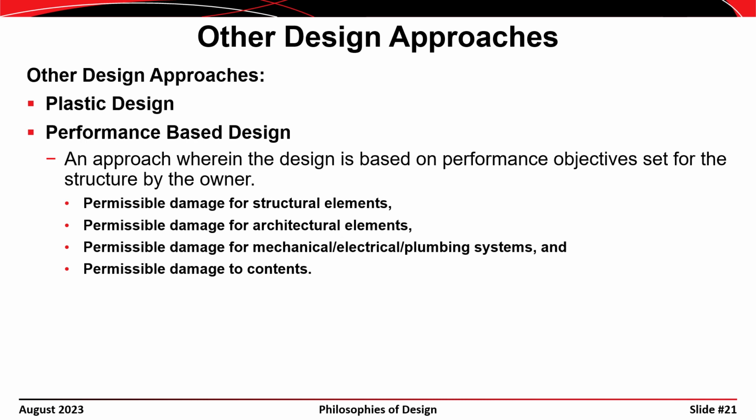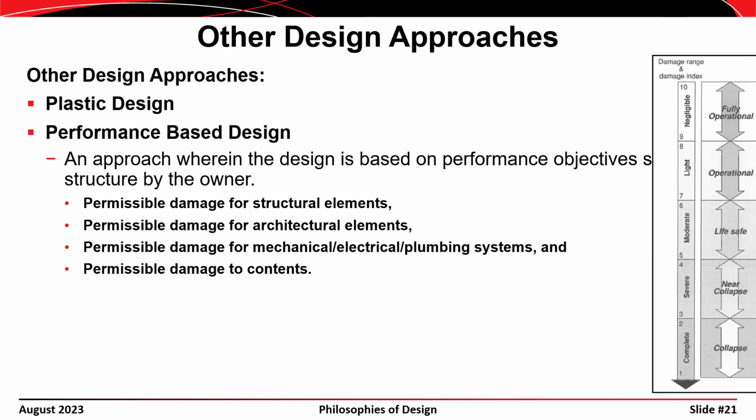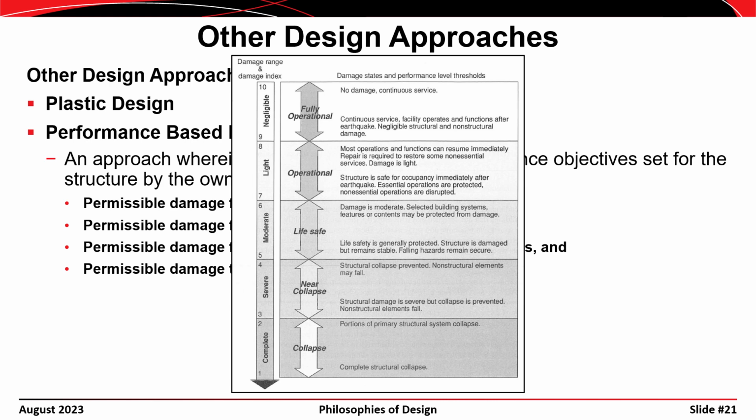Something like that. So what you do is you develop objective performance criteria that might include different damage states for the structural elements, for the architectural elements like windows and lighting, mechanical, and possible damage to the contents of the structure. And after you develop those criteria, you figure out what is acceptable, what is not acceptable, and you try to size the structural elements or the performance of the system based on that criteria.